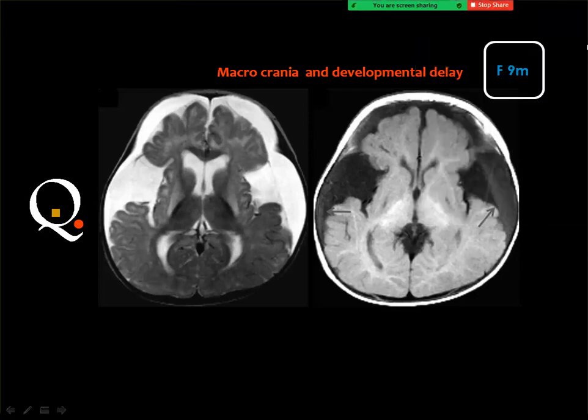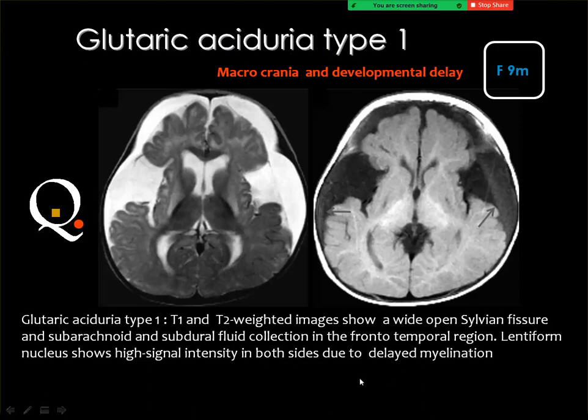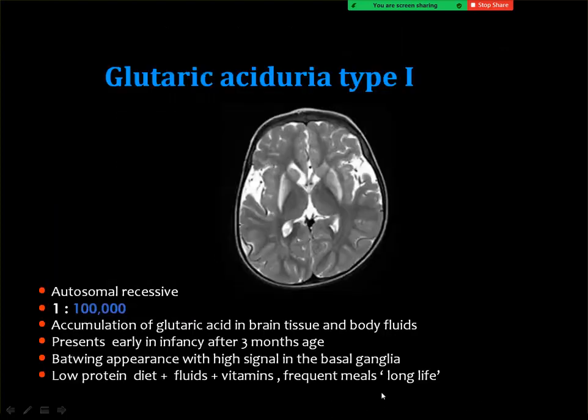Yes, and this is the right answer, glutaric aciduria type 1, where you get some atrophic changes in the frontal lobe, marked dilatation of the sylvian fissures, giving the configuration of the bat's wing appearance. This is an autosomal recessive disease, and the incidence is 1 per 100,000.